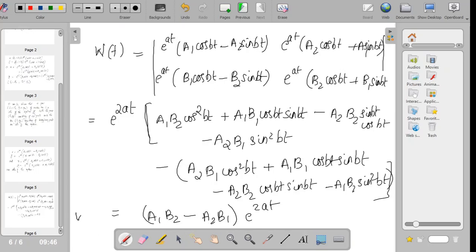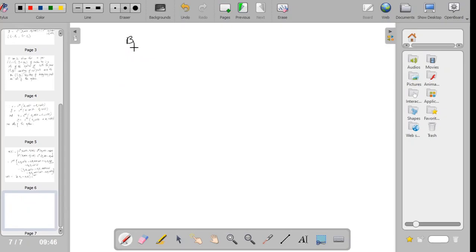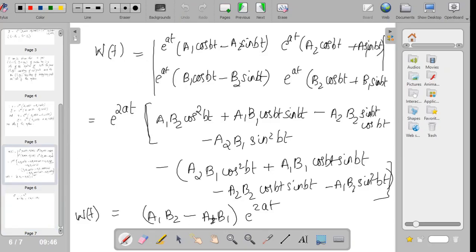This is the Wronskian. If B1 is a multiple of A1, in this case B1 plus i B2 will be equal to c times A1 plus i c A2. So in this case A1 B2 minus A2 B1 will be equal to 0.